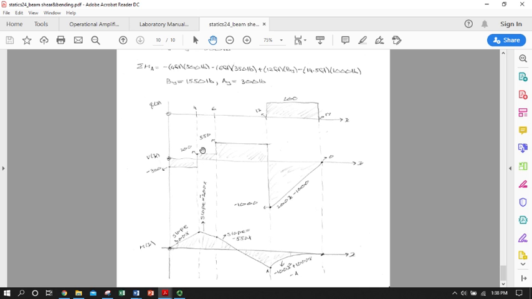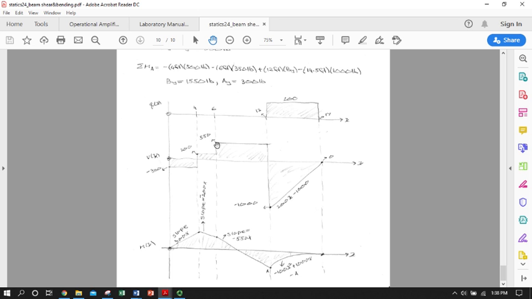But if the shear changed from negative 300 to 200, then my moment slope, which is the integral of our shear, my slope's going to change from 300 to negative 200. So you see it's shallowed out but going in the opposite direction.